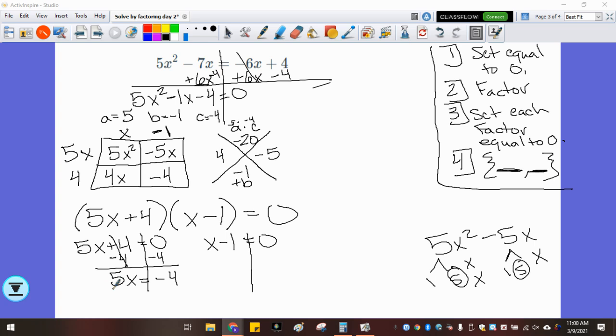And then the last step, divide by 5. So x equals negative 4 over 5. And Delta Math just leaves it as a fraction, so you can leave it as a fraction. If you put in a decimal, it's not wrong, but you don't have to change it. And not over 1.